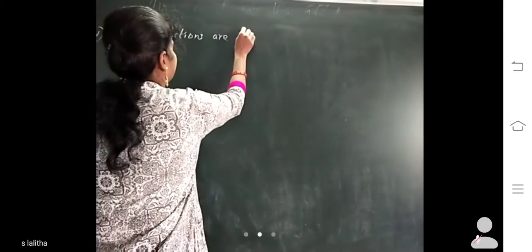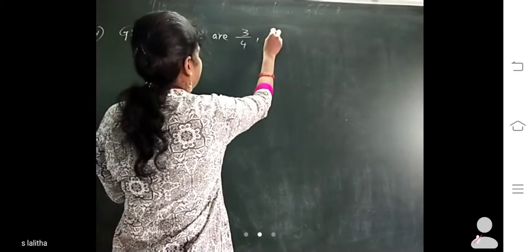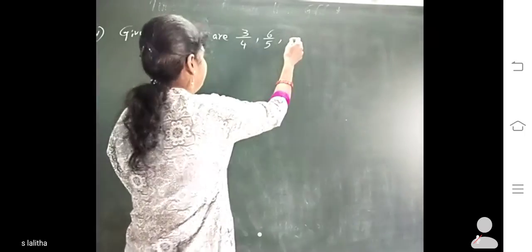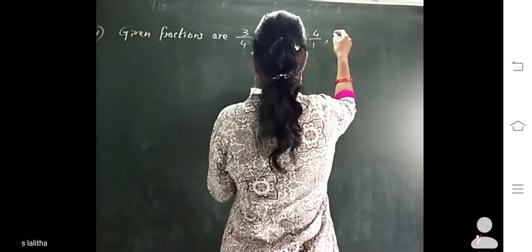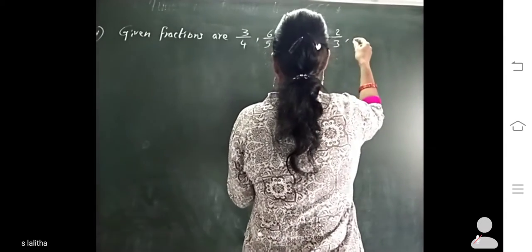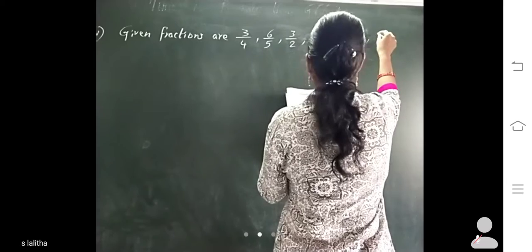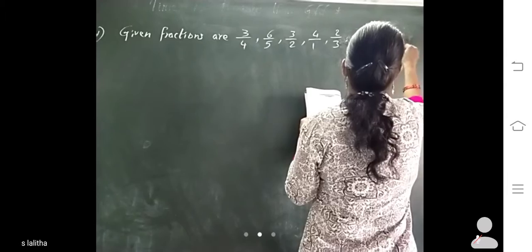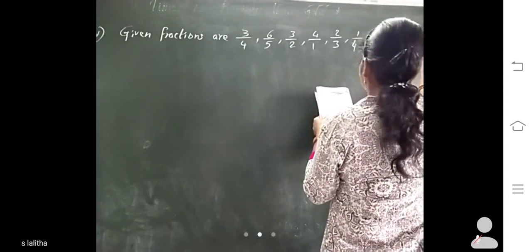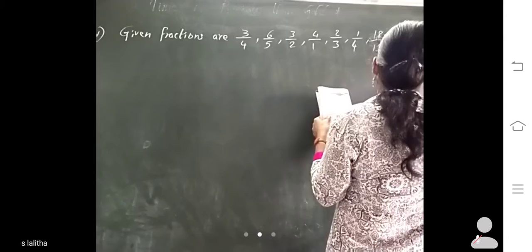What are the given fractions? The given fractions are 3 by 4, 6 by 5, 3 by 2, 4 by 1, 2 by 3, 1 by 4, 18 by 13, 1 5 by 7, 1 by 3, 11 1 by 2.